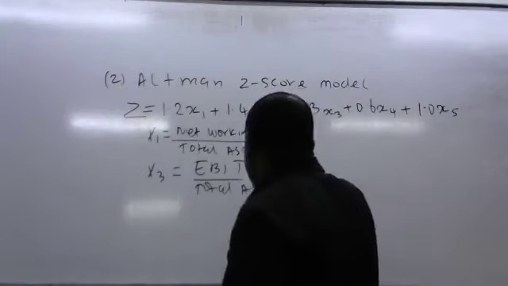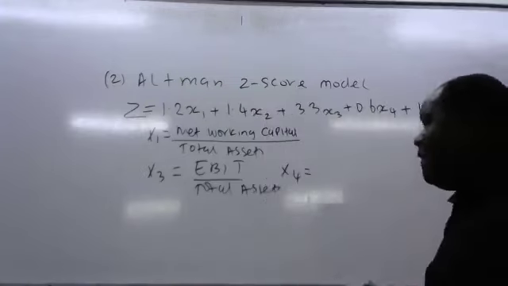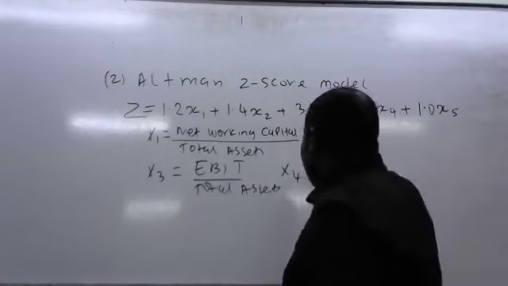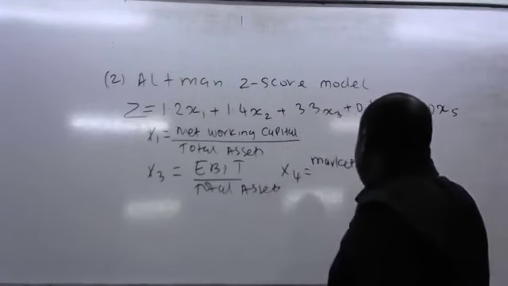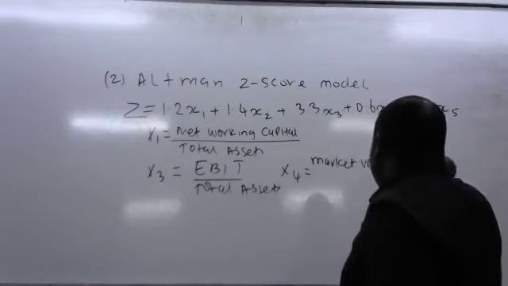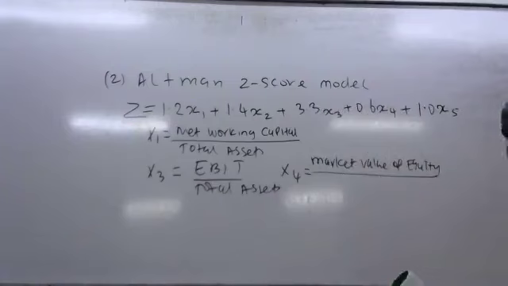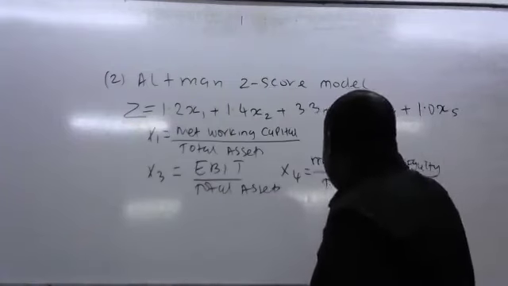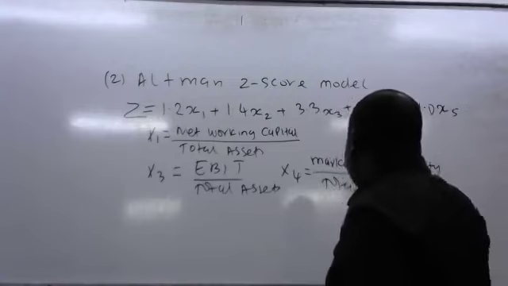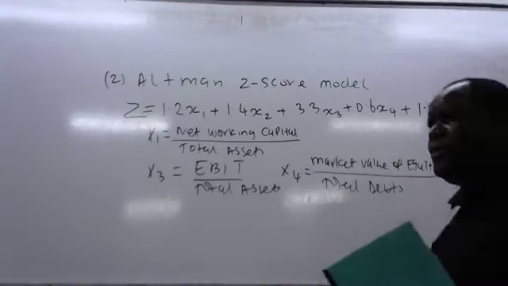Then X4 is meant to be equal to market value of equity divided by total debts. So market value of equity, we divide by the total debts.